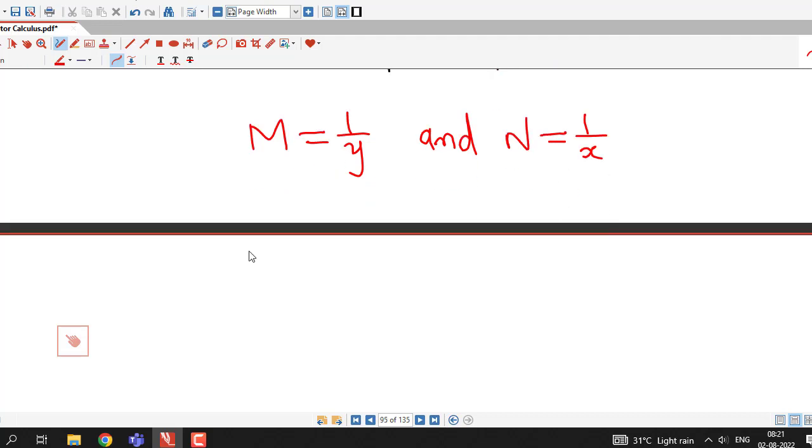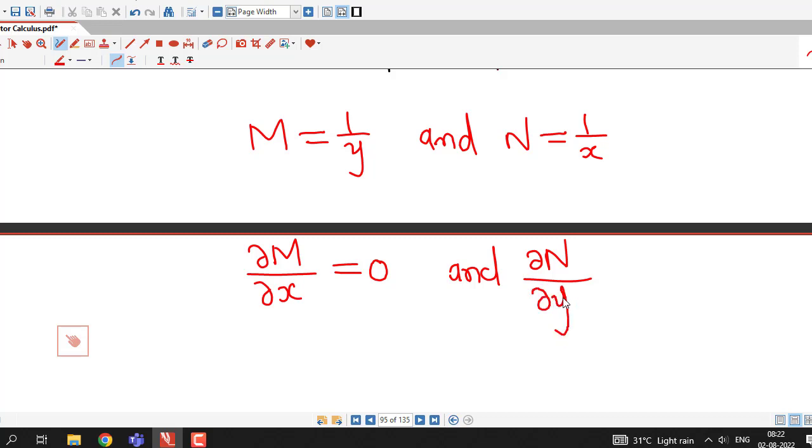For the double integral we require the partial derivative of M with respect to x, but M is independent of x and we are differentiating with respect to x partially. Therefore y is considered as constant, so the partial derivative of 1 by y with respect to x is 0. Similarly, the partial derivative of N with respect to y is also 0.